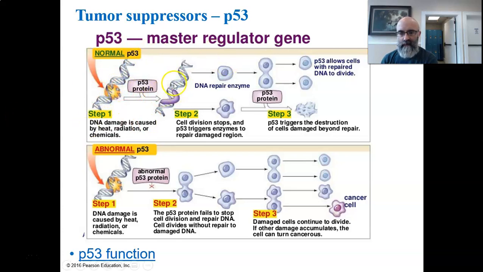Okay, it stops cell division, so it says, okay, we don't want to keep going here because we've got a damaged chromosome. It can repair the damage, right? It takes those damaged nucleotides and actually cuts them out, and then brings in new nucleotides and seals them in to repair the damage.